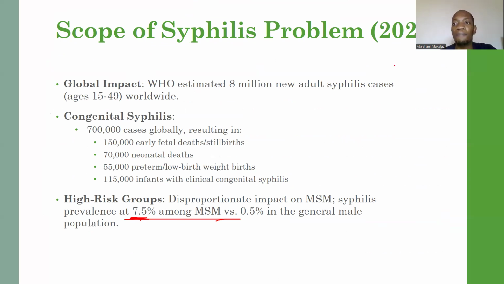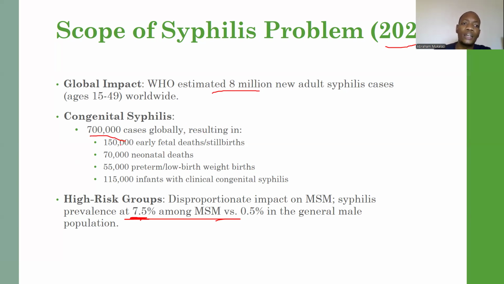So when we look at the update, maybe starting from around 2022, that is like 2 years ago, according to WHO, it estimated about 8 million new cases of adult syphilis and about 700,000 congenital cases of syphilis.